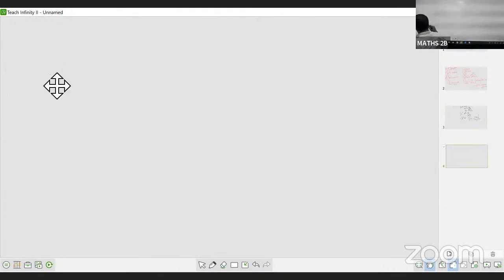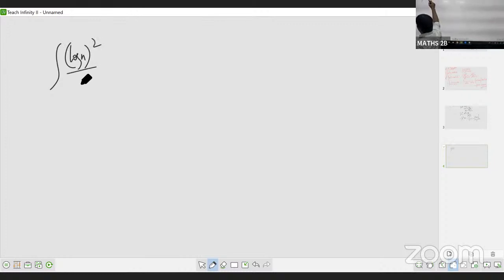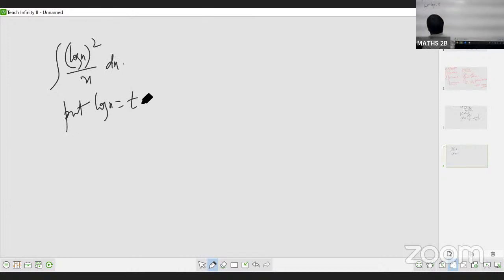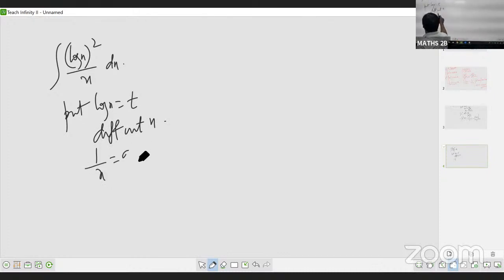Now, integration of log x whole square by x dx. Now put log x equal to t. Is it clear? Differentiate with respect to x. Log x derivative is 1 by x, t derivative is dt by dx. dx is x dt.